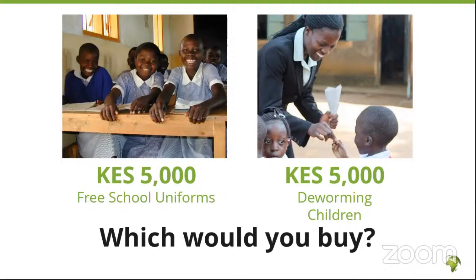Or you can choose to use the 5,000 shillings to deworm children. According to you, and here no answer is right or wrong, which one would you go for? Would you spend your 5,000 shillings on school uniforms, or on deworming children? Again, there's no right or wrong answer.